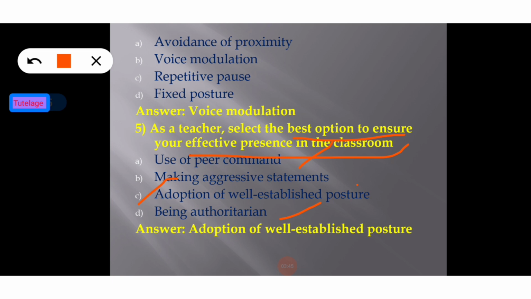So the third option, option number C, is the correct answer. A teacher adopts a well established posture for ensuring his or her effective presence in the classroom. That's why option number C is the correct answer.